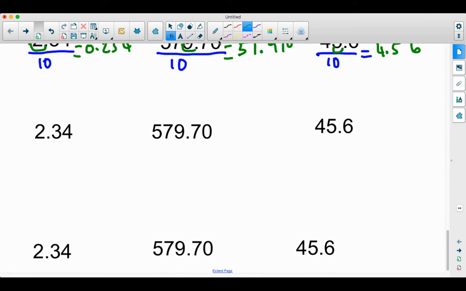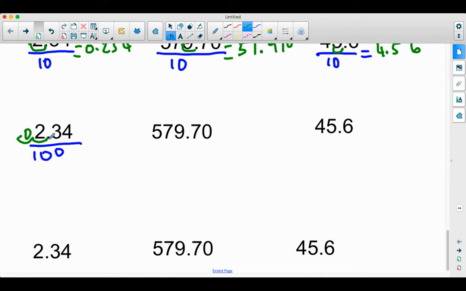Now let's divide by 100. We are going to move the decimal point 2 to the left. So 2.34 divided by 100. Move the decimal point located right here 1, 2 places to the left.